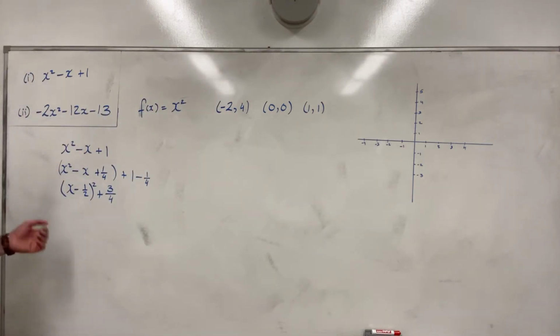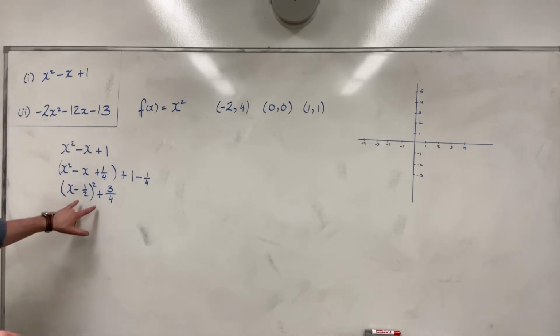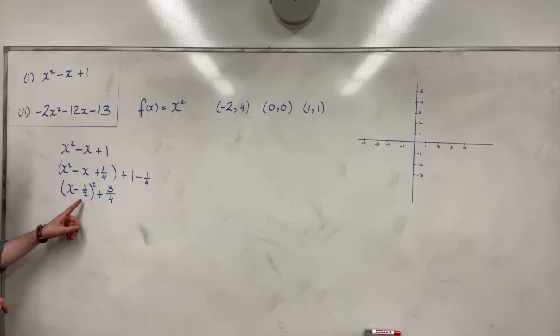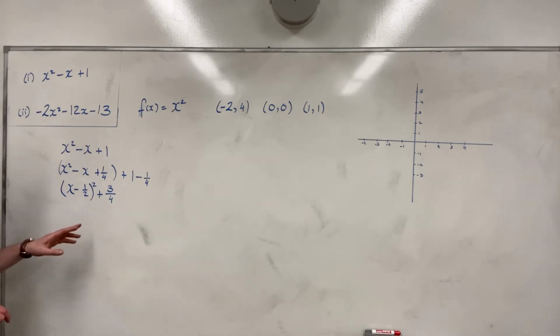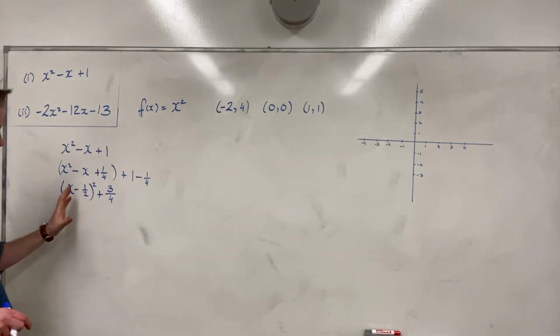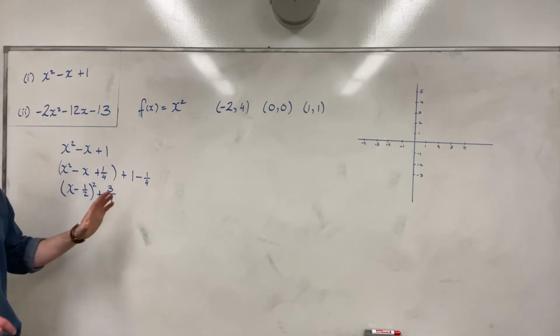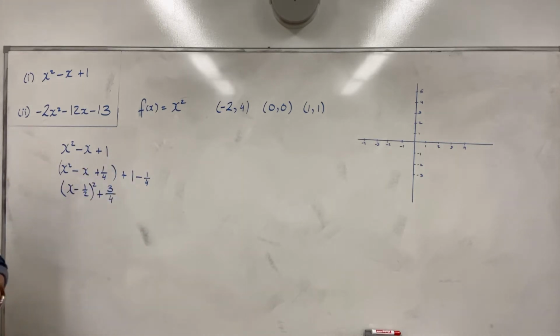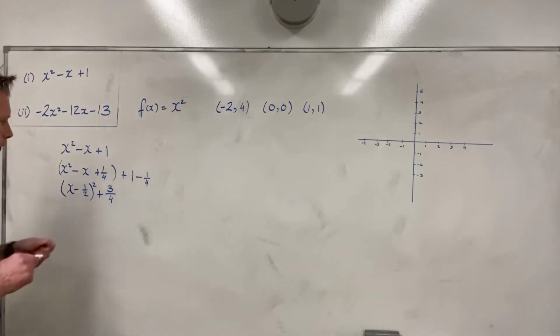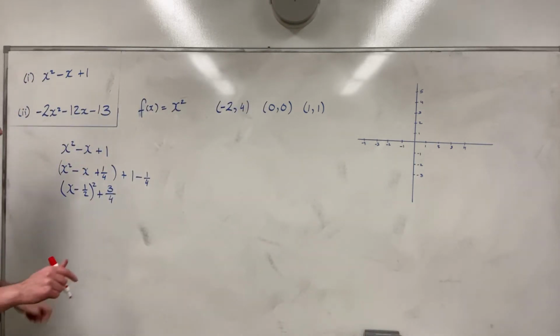Looking at my completed square form, this x minus 1/2, as I said, translates it horizontally in the positive direction. In other words, because my new function is going to be translated to the right, all the x values on this function are going to increase by positive 1/2. I'll just make a note here.